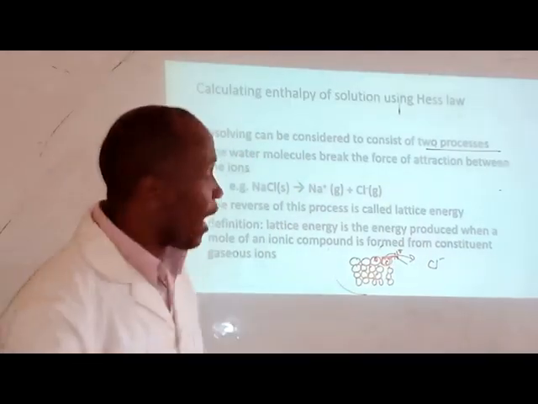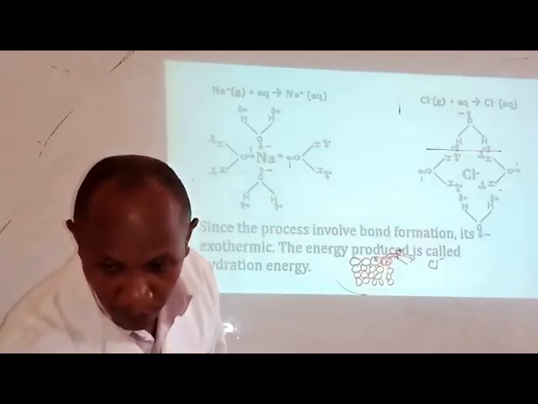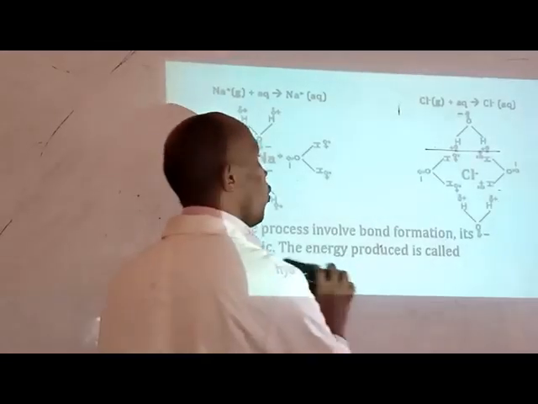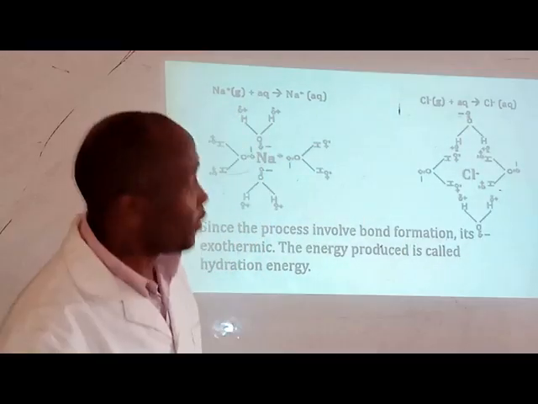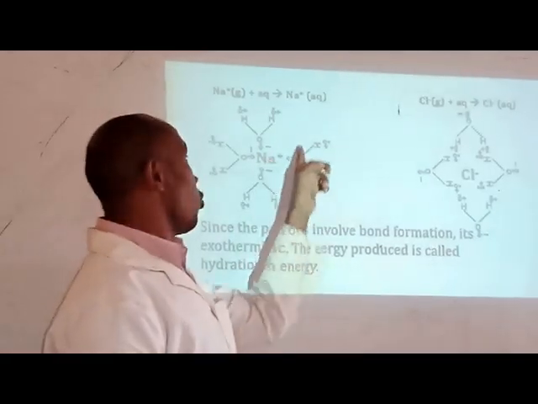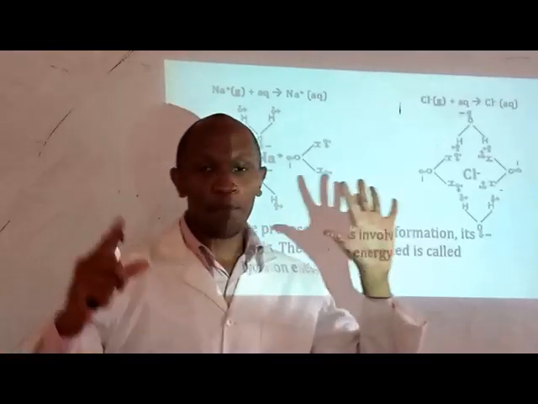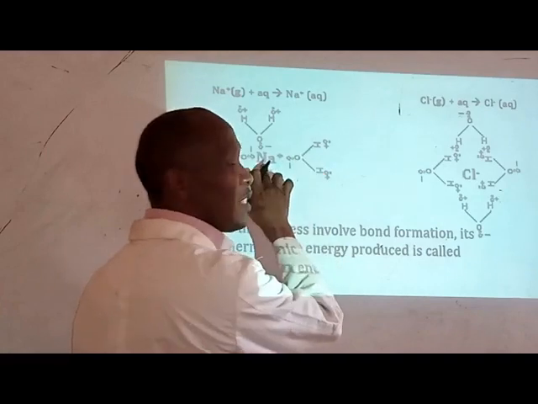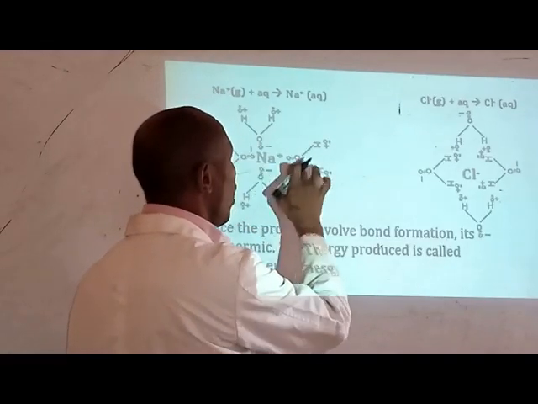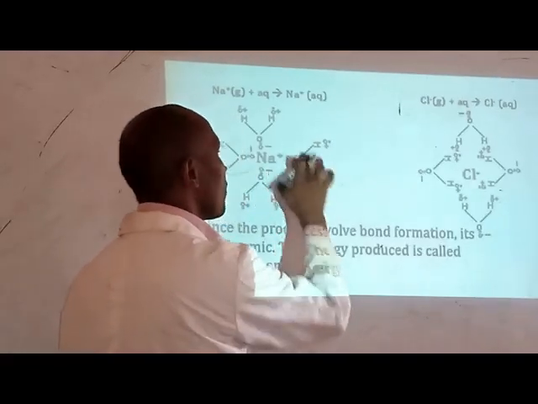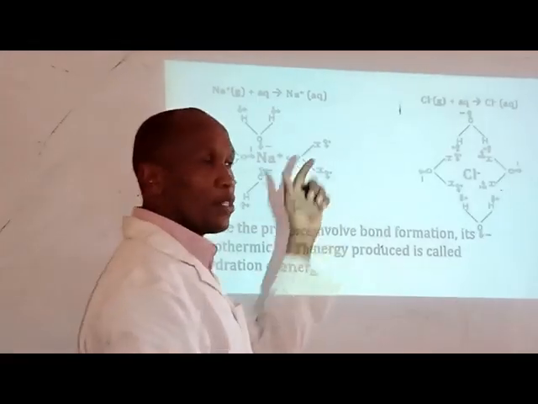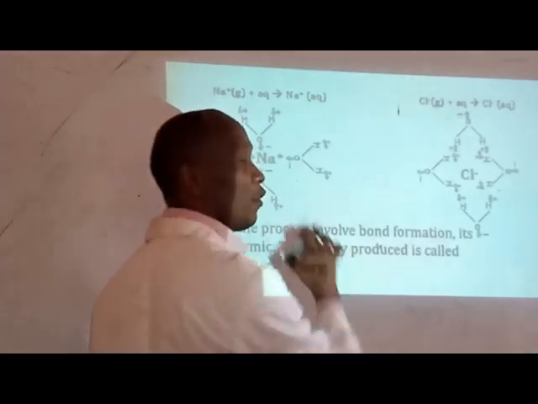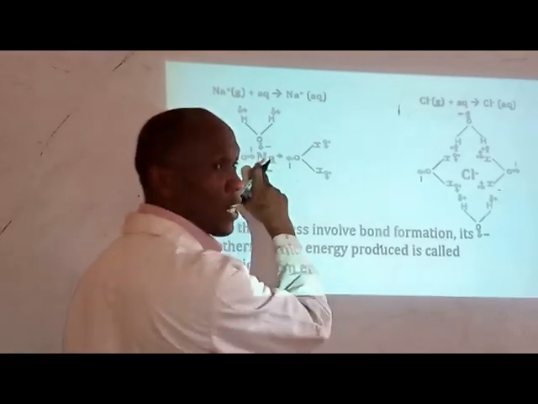What is the next thing that happens in dissolving? This is the next thing that will happen when you dissolve substances. The sodium ions so formed will be surrounded by water molecules in such a way that the oxygen, which is partially negative because of its electronegative nature, is attracted to the sodium.